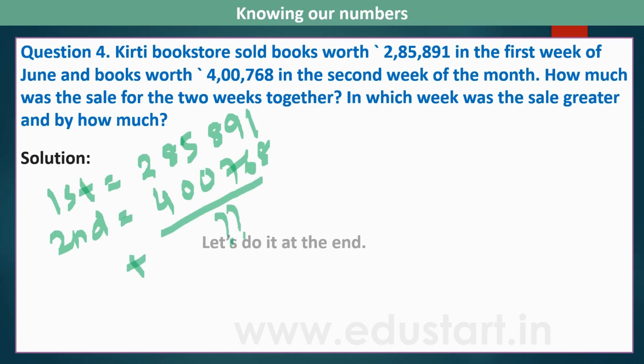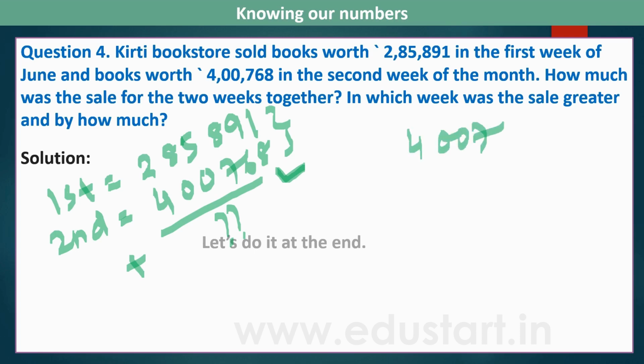Now the second question, in which week was the sale greater? So if you compare these two numbers, you can find out this is bigger, 4,768. So it means that in the second week the sale is better, and by how much? So how much means we have to find the difference.